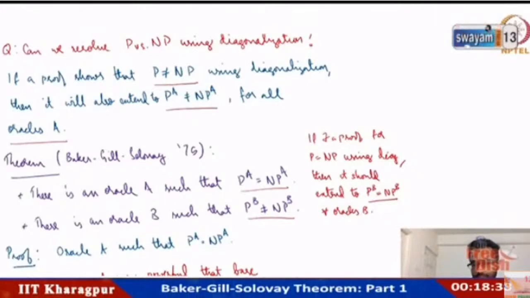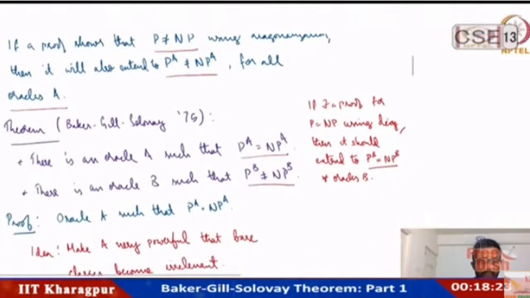Therefore, you cannot show that P equal to NP using diagonalization either. So you cannot prove P equal to NP, and you also cannot prove P not equal to NP using diagonalization. Hence, you cannot settle P versus NP using diagonalization. This was the result of Baker, Gill and Solovay.